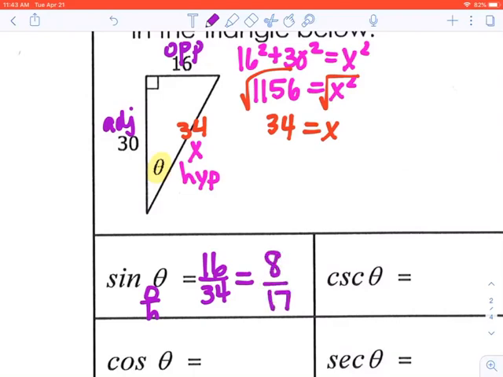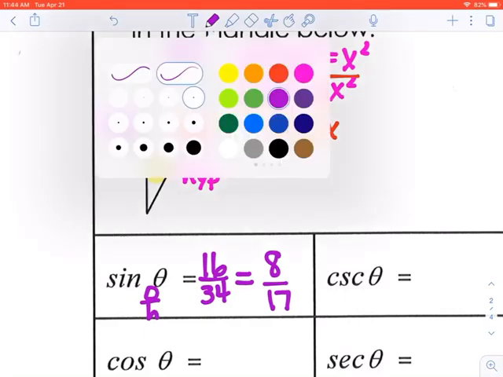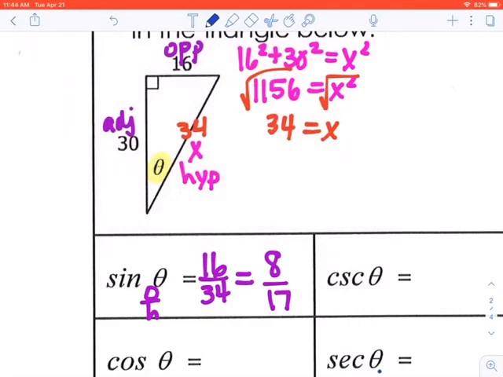Now, I'm going to go straight into cosecant because I know cosecant and sine are reciprocals of each other. So instead of going through the whole process of doing the hypotenuse over the opposite and doing 34 over 16 and reducing it again, I am simply going to do the reciprocal of 8 over 17, and I'm going to say cosecant is 17 over 8.